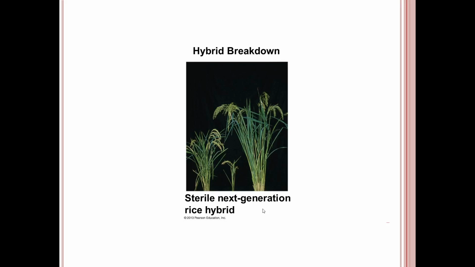Lastly, we have what is called hybrid breakdown. Now, hybrid breakdown is where you actually do have hybrid offspring that mate, but only one time. So in this example, you have these maybe are the parental rice parents, and they are both hybrids. They do cross, they do mate, and this is their offspring.